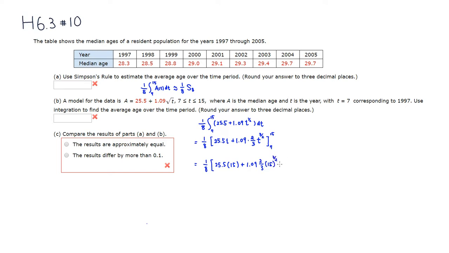Then minus, plug in 7: 25.5 times 7, plus 1.09 times 2/3 times 7 to the 3/2 power. Let's compute that.